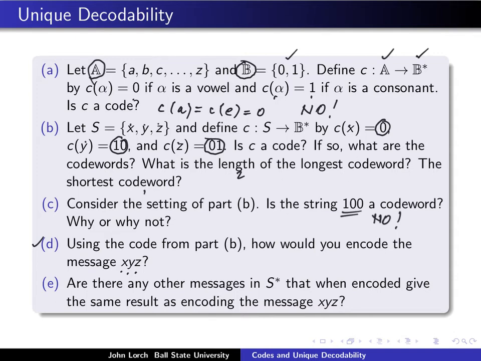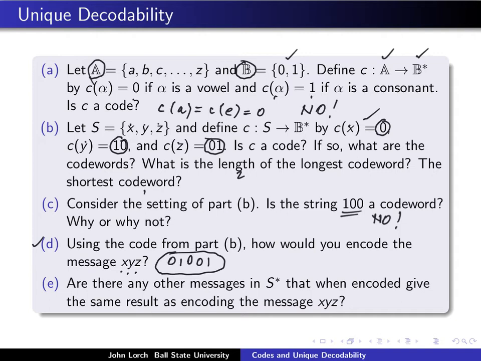So if we encode X, we get 0. Right, that's from up here. If we encode Y, we get 1, 0. And if we encode Z, we get 0, 1. So this is how a reasonable person using the code from part B would encode the message XYZ.